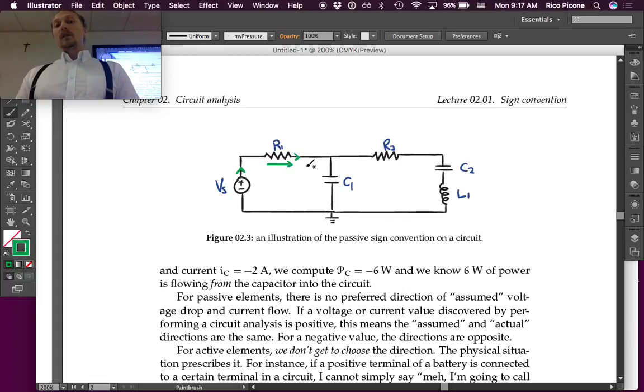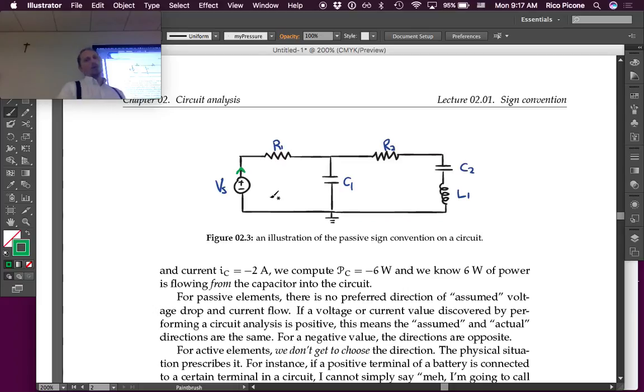Or we could do a plus minus, right, for the voltage drop. So those are the two possibilities. I kind of like using the arrow method. Like this next to the element is the easiest, or you can draw the full arrow if you want. Either one is totally fine.